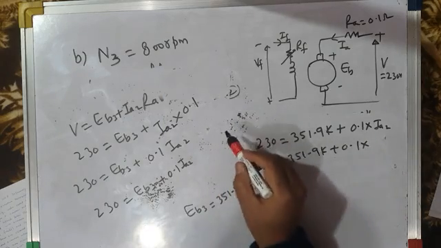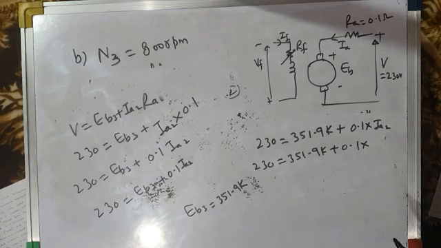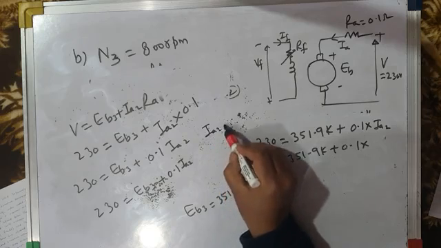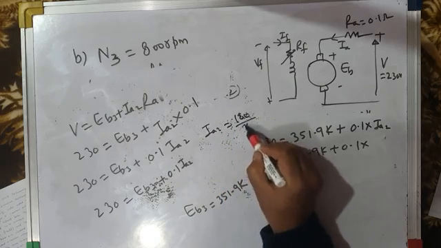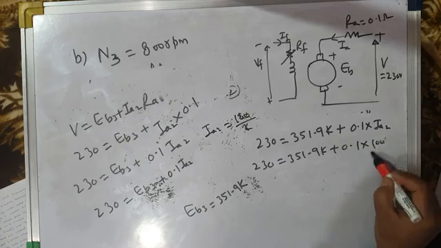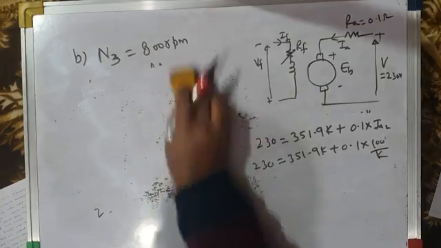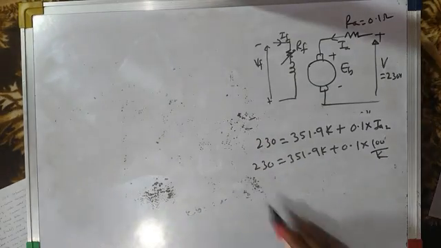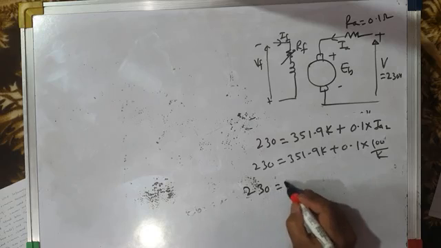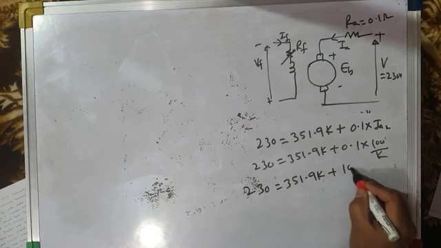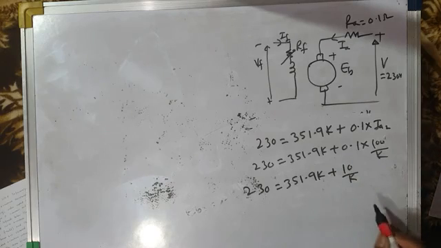What is Ia2? Ia2 is 100 by K. You can substitute now 100 by K. So this will give you 230 equal to 351.9 K plus 10 by K, right?